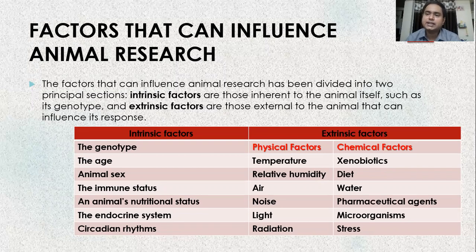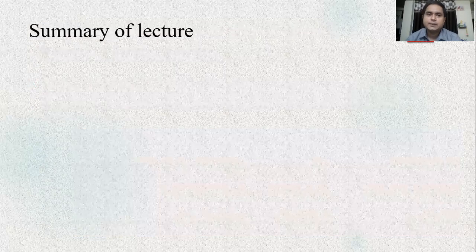The physical factors consist of temperature, relative humidity, air, noise, light, and radiation, while the chemical factors consist of xenobiotics, diet, water, pharmaceutical agents, microorganisms, and stress. So these factors can influence animal model research.